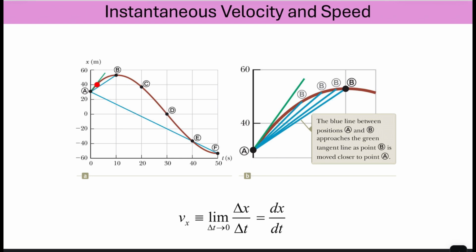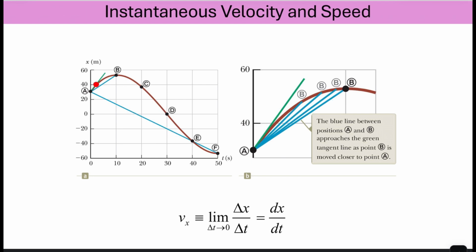However, we haven't taken a look at exactly, let's say, 2 seconds after the motion of the car. What is the V of the car? So the green color here, the tangent line, gives the information of the instantaneous velocity.